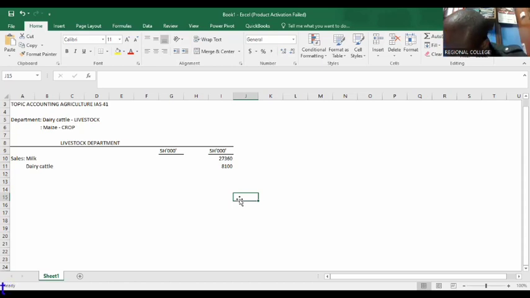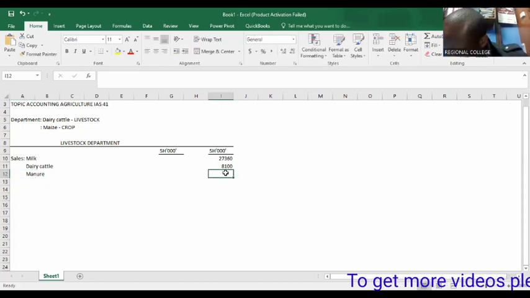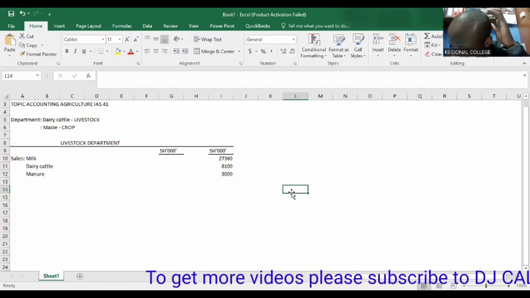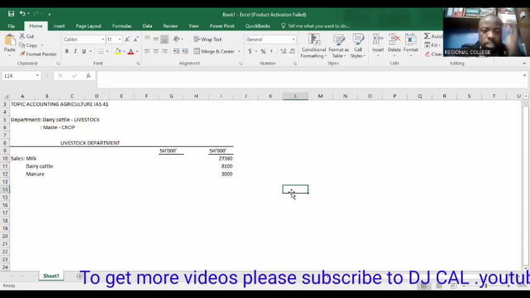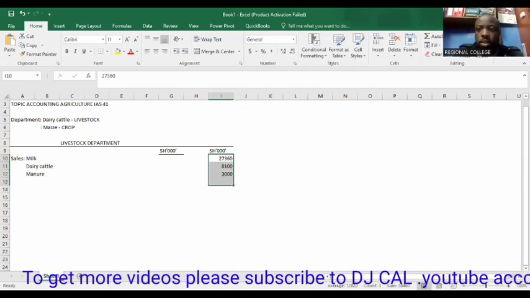Then still under the sales, I have manure. Manure can come from the livestock. So the manure is 3,000. And the sales are finished, so you can now add all of them. We get the total sales.